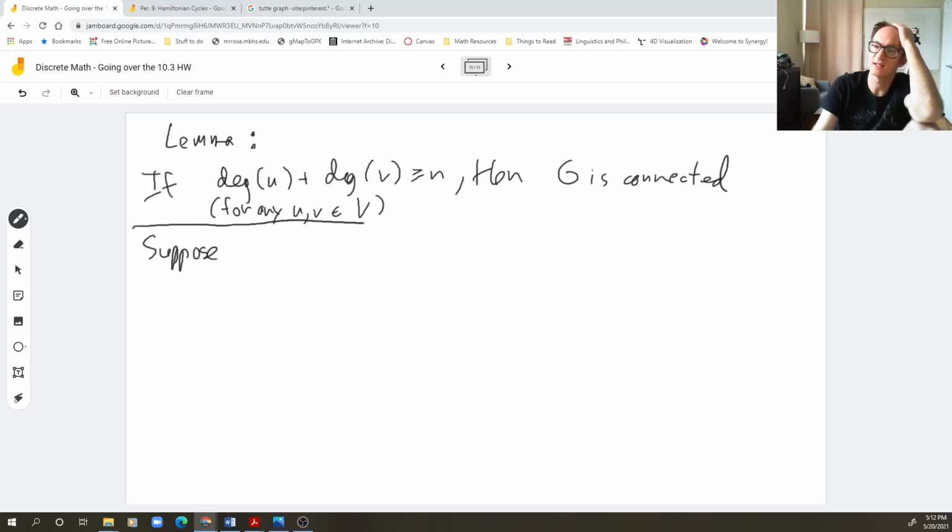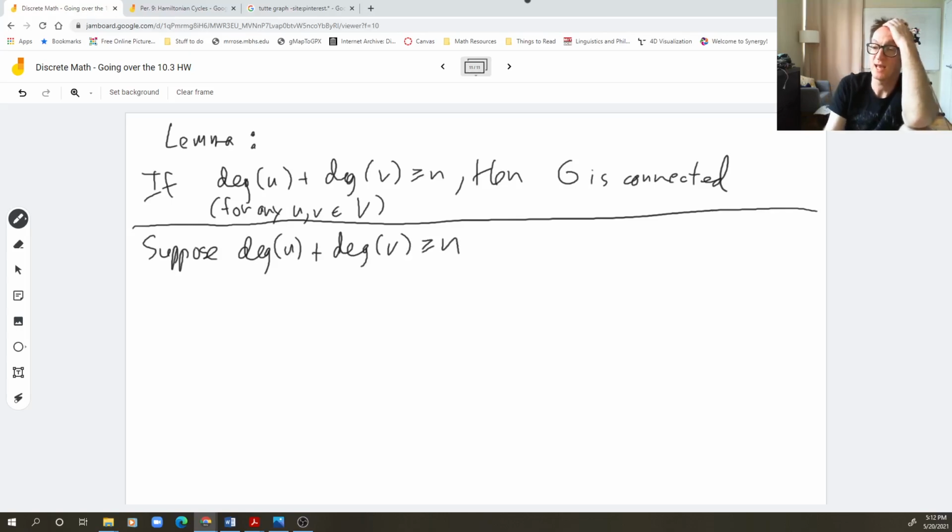So suppose that the degree of u plus the degree of v is greater than or equal to n. Now, so great. And now conclude G is connected. I'll do this by contradiction.